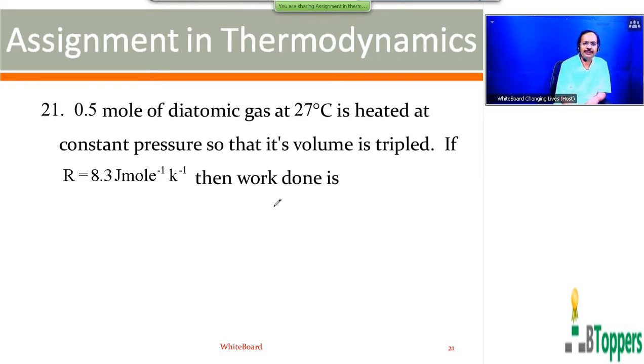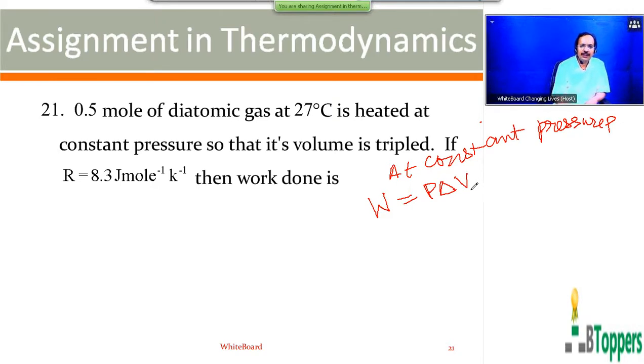As discussed in the past, the work done by a fixed mass of an ideal gas when its volume changes at constant pressure can be written as P delta V. I discussed this in the theory part in class, when I discussed the isobaric process.